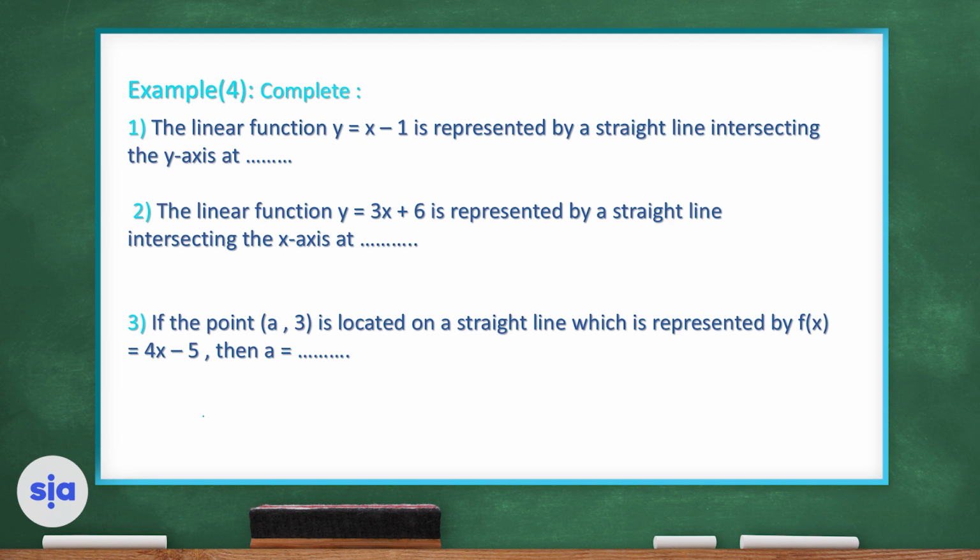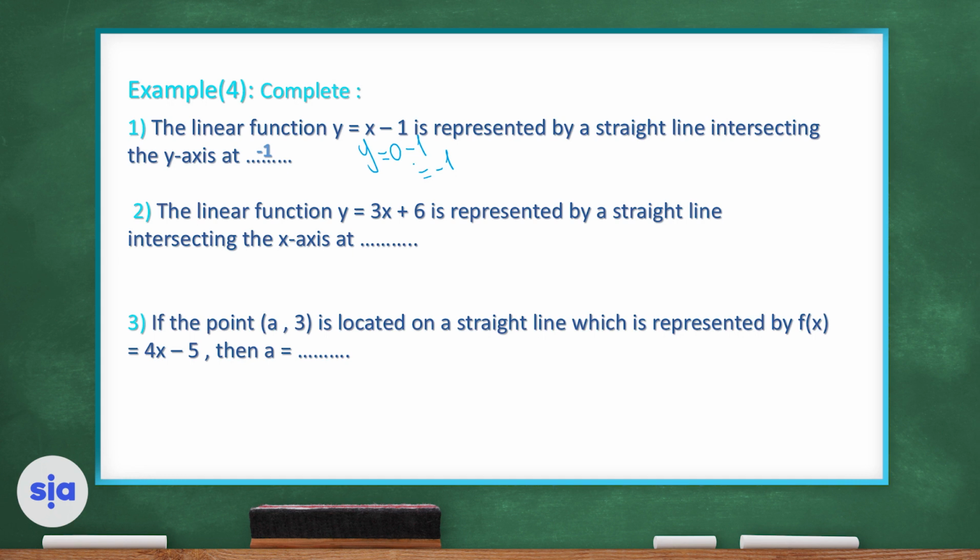So automatically replace x by 0. Then y equals 0 minus 1, which is negative 1. So the line is intersecting the y-axis at negative 1.